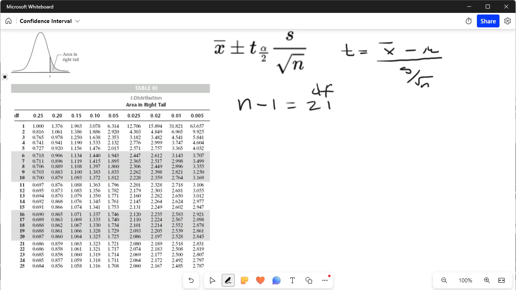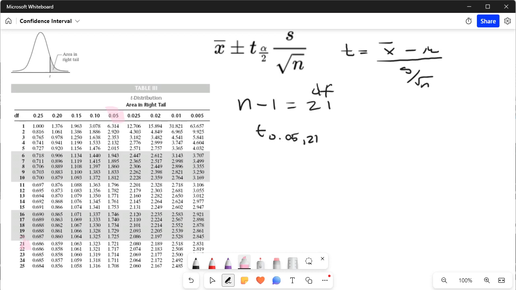But let's say that alpha, in this case, is 0.05. So we have t of 0.05, and just for reference, that's with 21 degrees of freedom. So what we could do is look at the 0.05, and then look for 21, which would be this row.